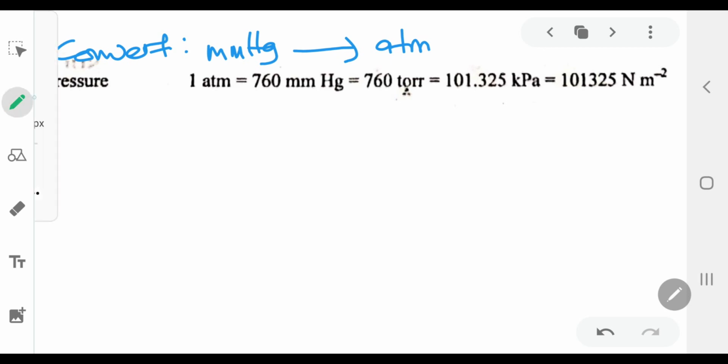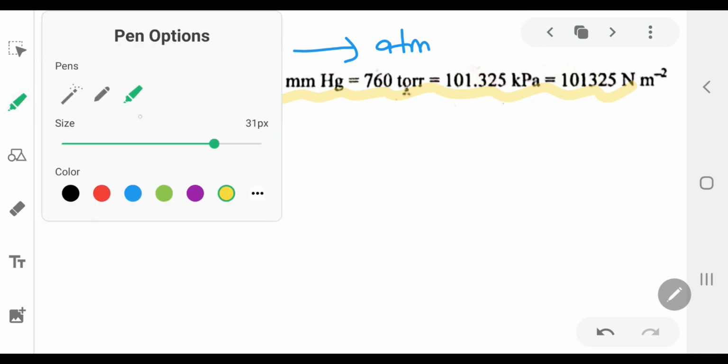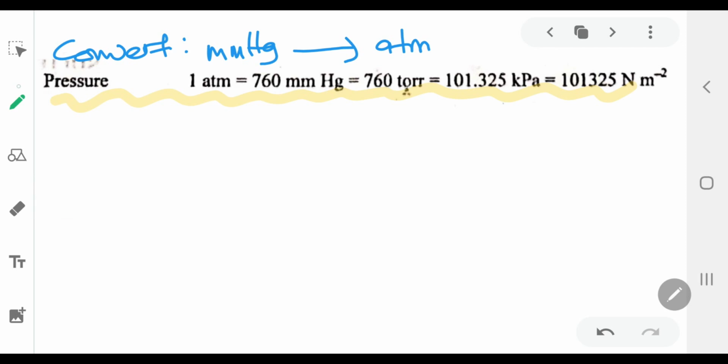As you can see given here, this is the relationship that will be provided to you in the examination, so you don't have to worry about memorizing the whole thing. All you need to do is know how to use it. The question gives the pressure as about 932 millimeter mercury. So how do you convert that? We're going to look over here.